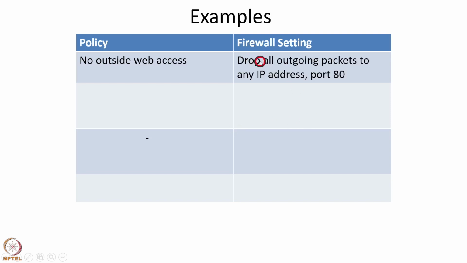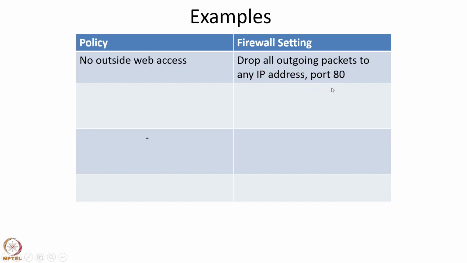We use the fact that HTTP, which is the protocol which supports the web application, runs on port number 80. We can use this fact to enforce this rule. The firewall setting is that it drops all outgoing packets to any IP address with port number 80.